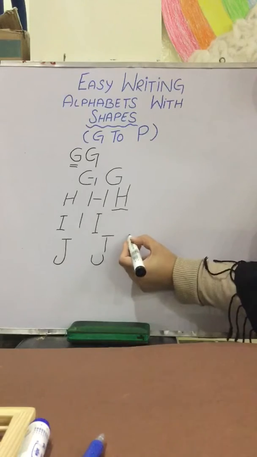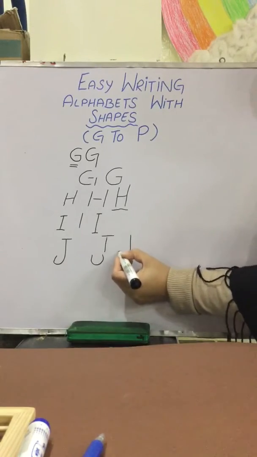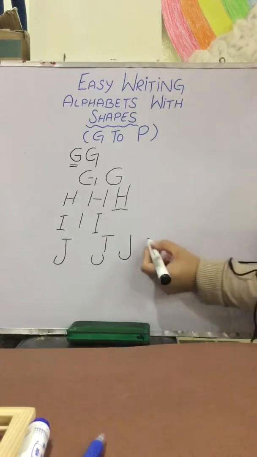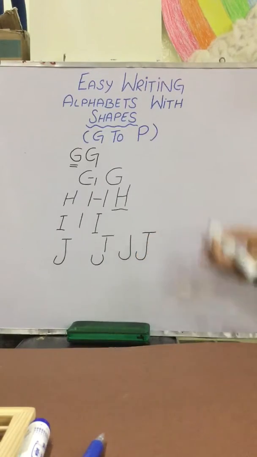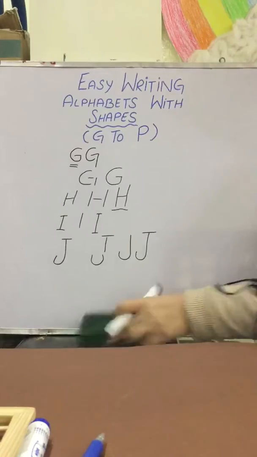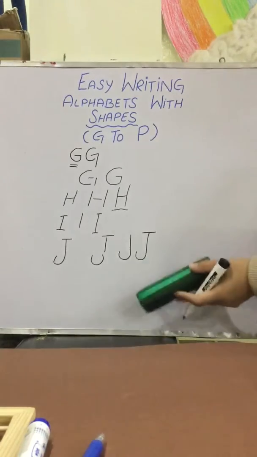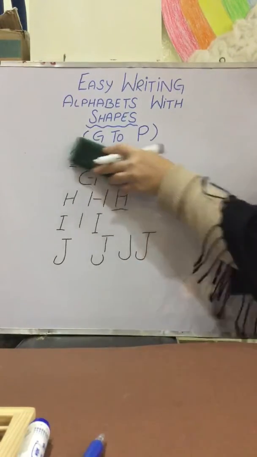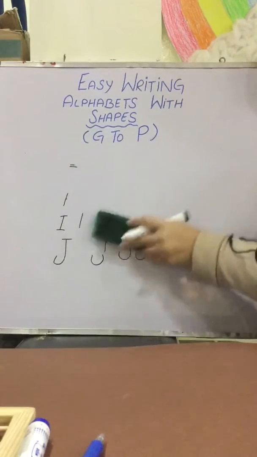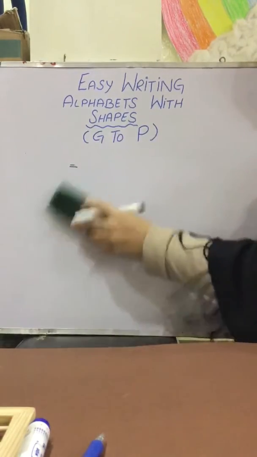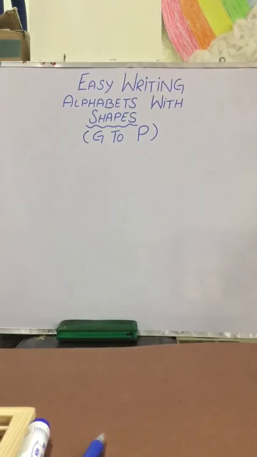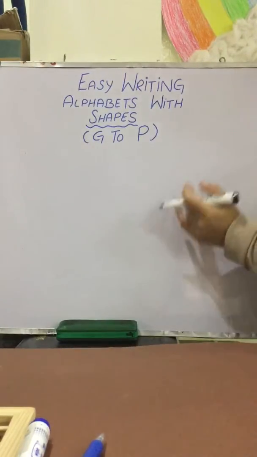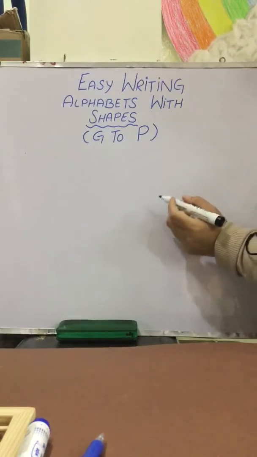By joining these points together, we get the proper shape of J. It can be like this, and we can cover it with the top as well. Both are right. Whatever pattern you are using, you can use this shape of J, and it is easy. Always try to make things easier for yourself. Okay, J is done.